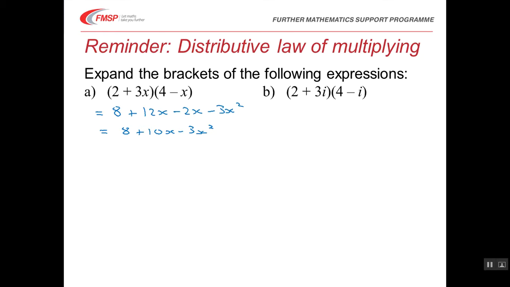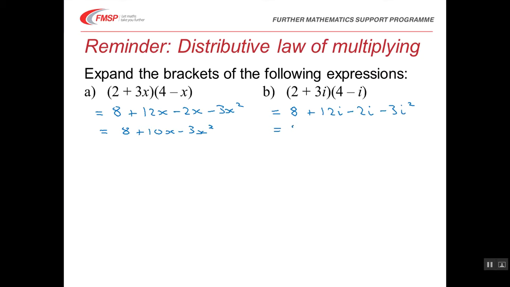Likewise, we can expand the brackets containing the imaginary number i, which of course is the square root of minus 1. So in a similar fashion, we get 2 4s are 8. We get 3i times 4 is 12i. 2 times minus i is minus 2i. And 3i times minus i is minus 3i squared.